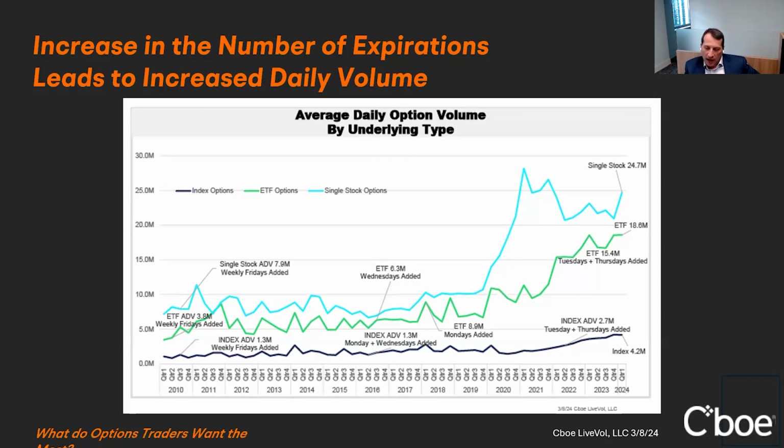So the share of index is higher than it used to be, but overall, single stock and ETF is still the largest amount of volume, just because they're coming from a higher base. But the growth of index is catching up, and that's due in part to some of the benefits we just discussed before with the cash settlement, European style, and tax treatment.